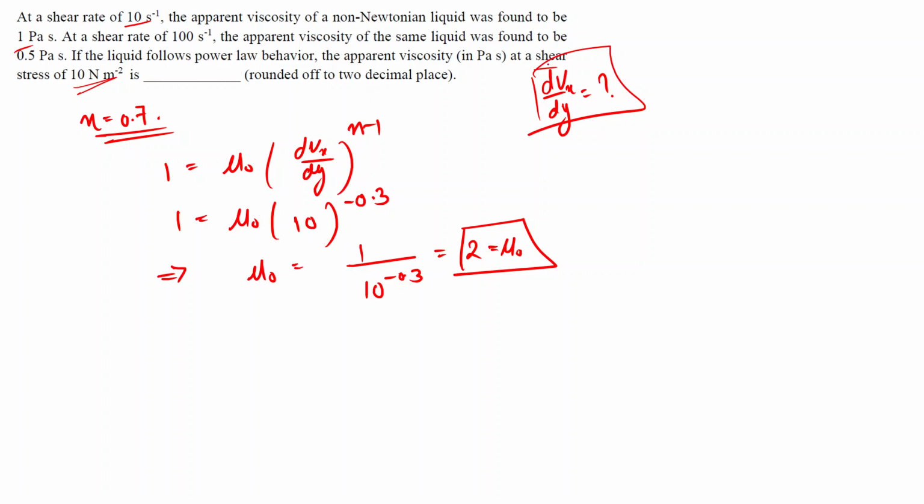So for a shear stress, tau is equal to mu naught times dvx by dy raised to n, and tau we have been given as 10, and mu naught we found out as 2.